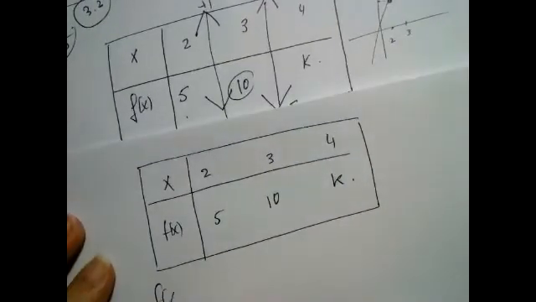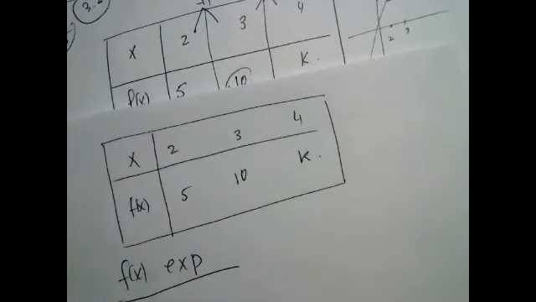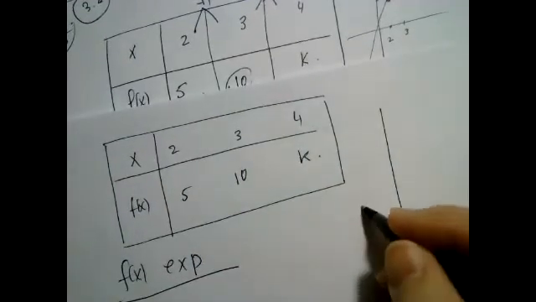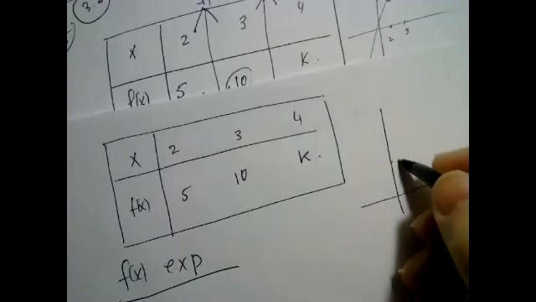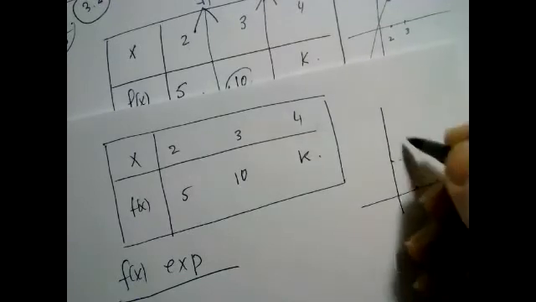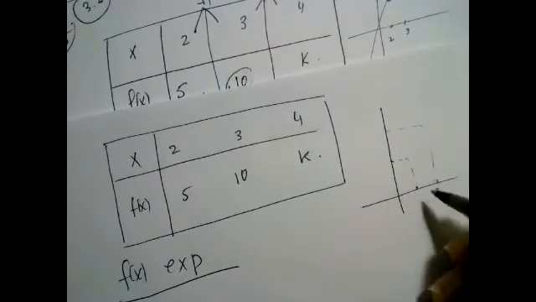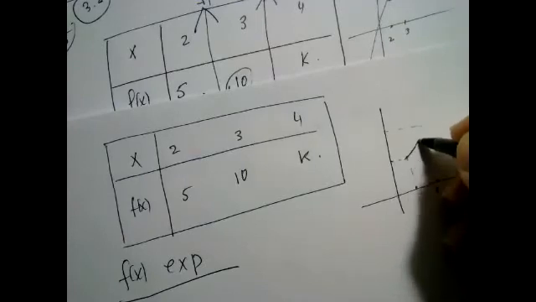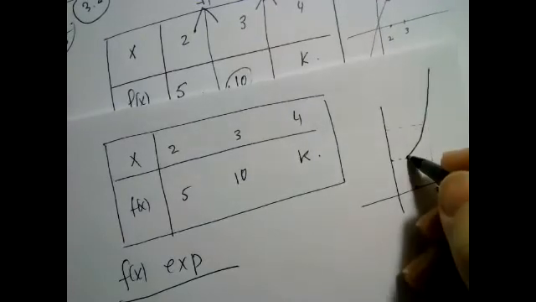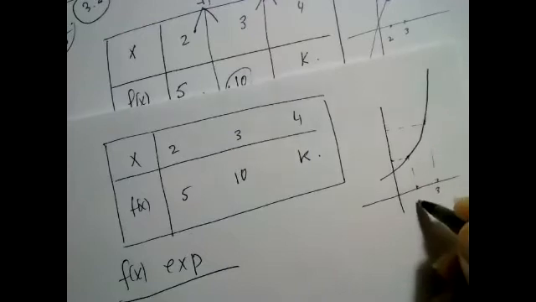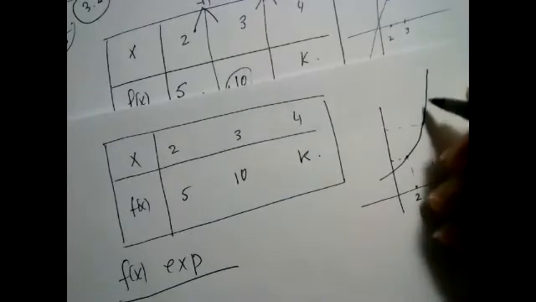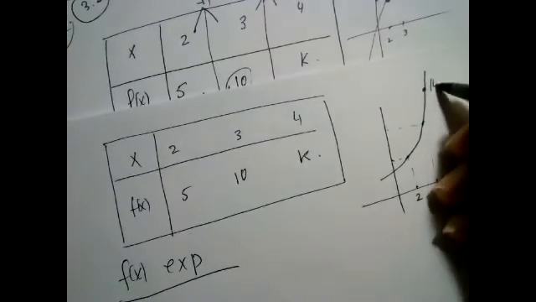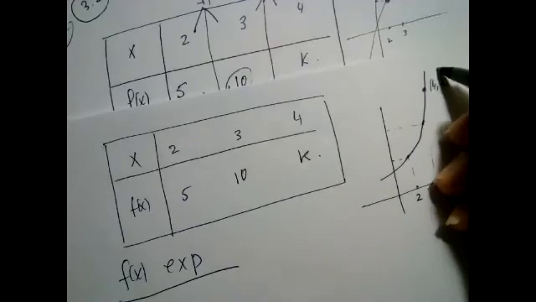And f is exponential. I want k. So in the picture here, 2 to 5, 3 to 10, but the function is not linear, it curves. So this is a 2, this is a 3, and the question is for k. What's k?